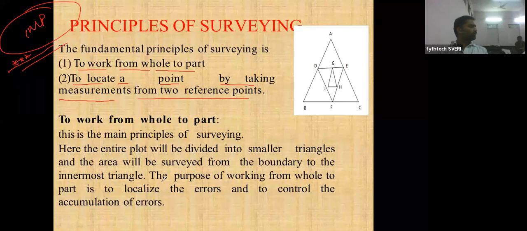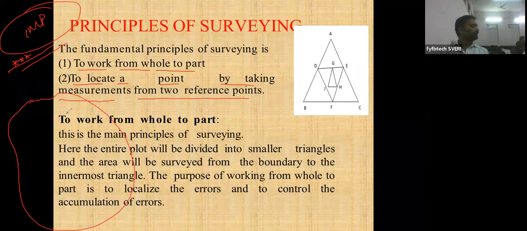Look at the figure on the screen. The first principle is what? To work from whole to part. Suppose this entire area is there, the plan is there, and I have to determine its total area. When there is a large area, you have to divide the entire area into smaller parts, and those parts should be triangles.